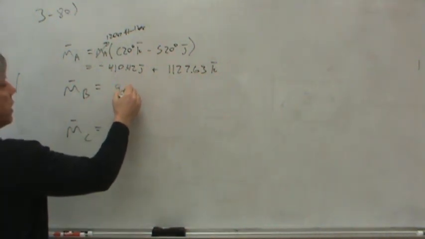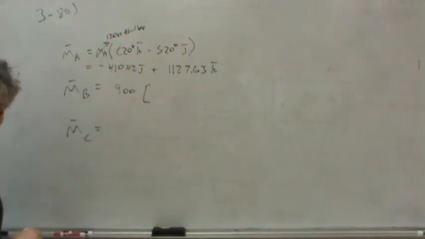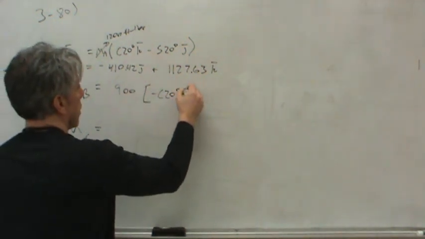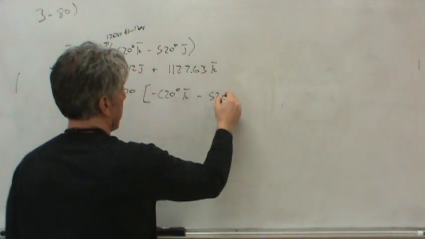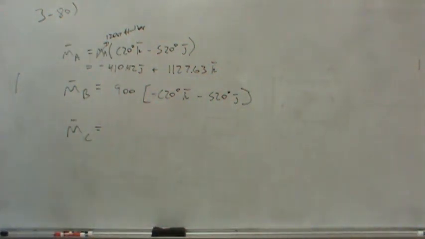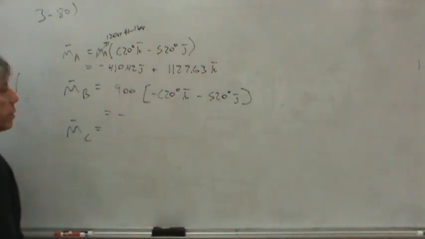So it would be 900, because of course we need the moment B, and now the z-axis would be negative cosine 20 degrees, and negative sine 20 degrees for the y-axis. Make sense? So now I just need 900 times cos of 20 degrees.